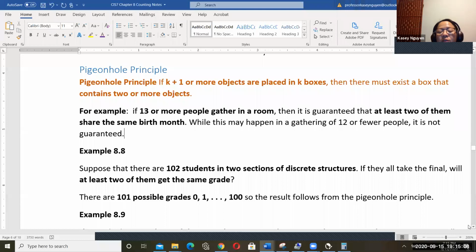There are 101 possible grades because you can have 0 through 100, which gives you a set of cardinality 101. Somebody can get a 0, somebody can get 100, somebody can get 99, right? So you have 101 possible grades.